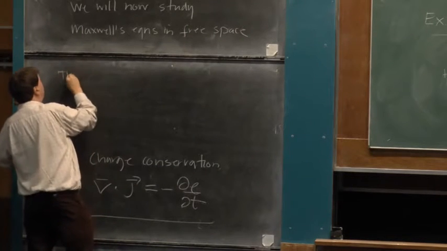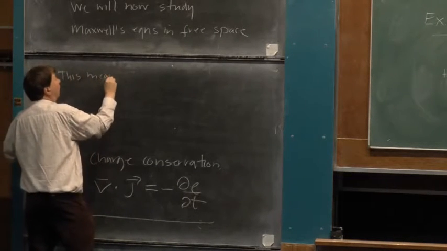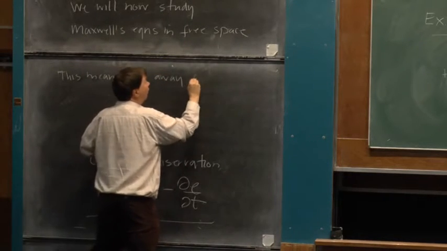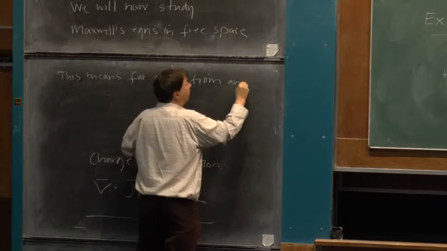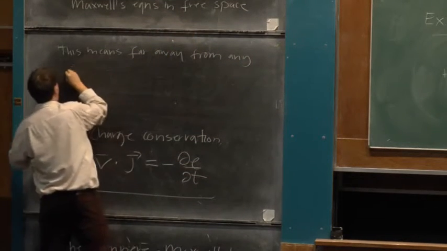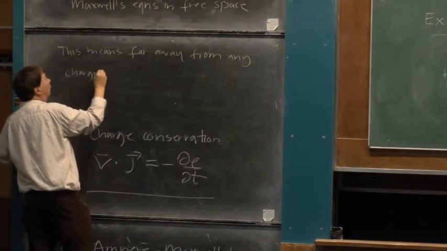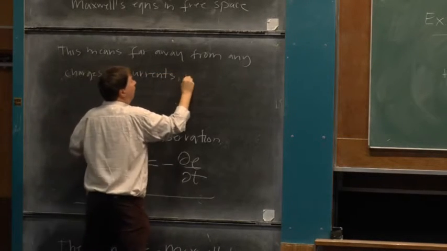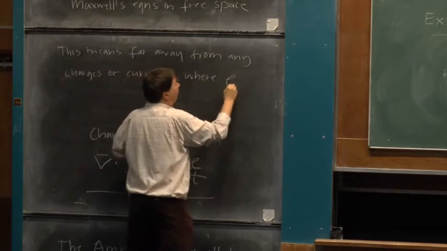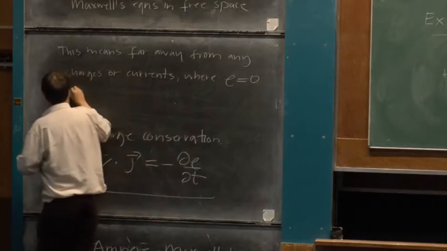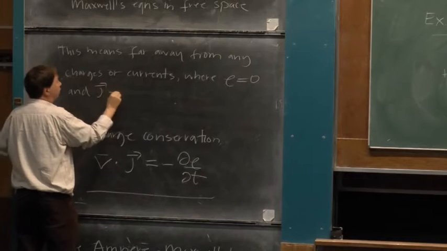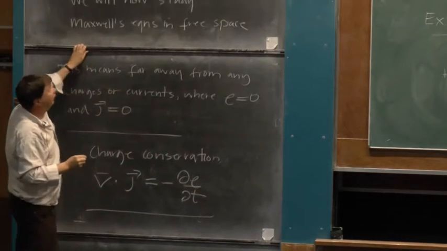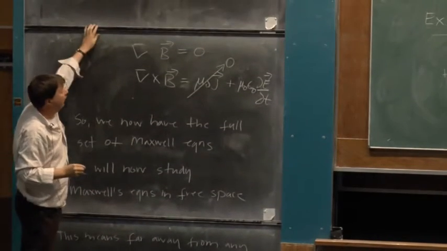This means far away from any charges or currents, where rho is 0 and J is 0. And that's how we're going to study the wave equation.